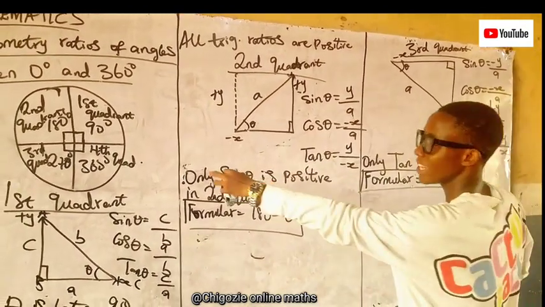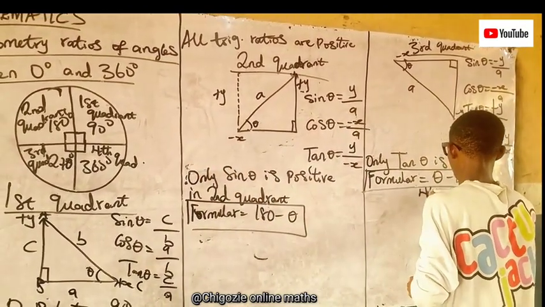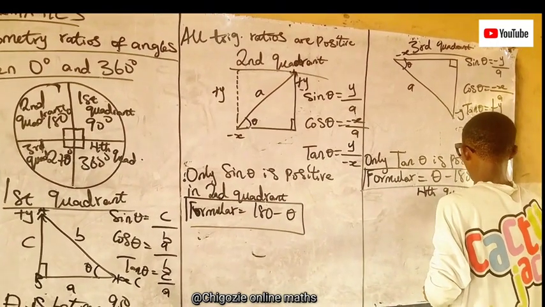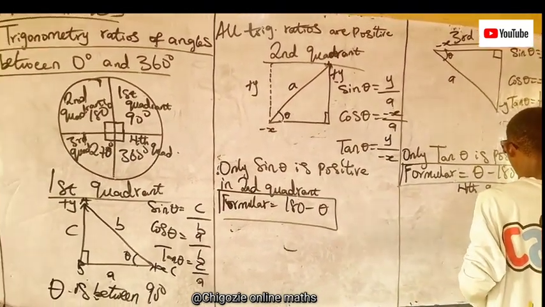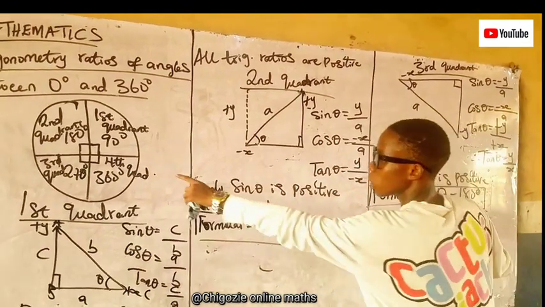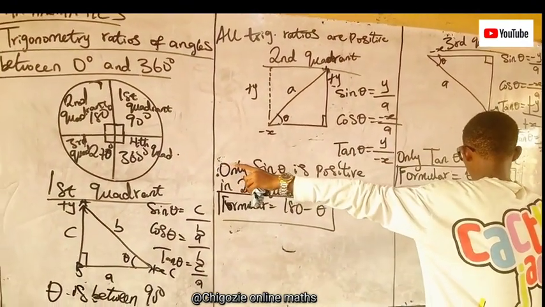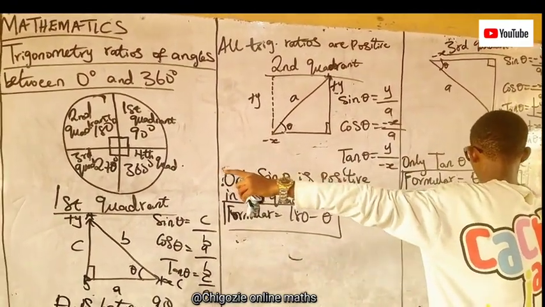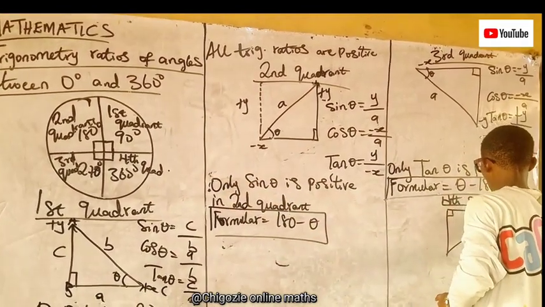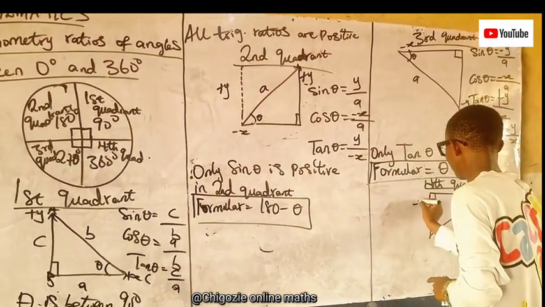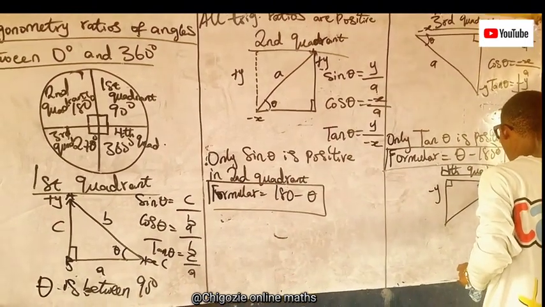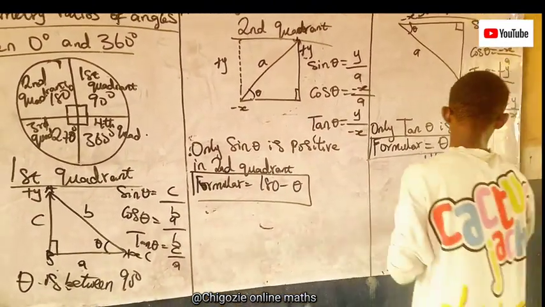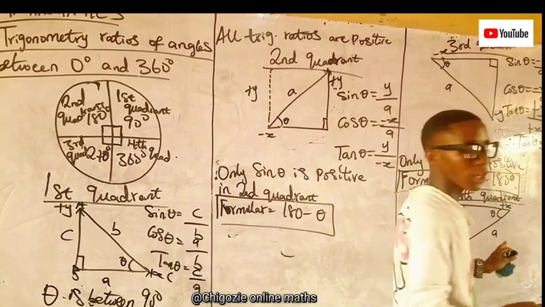Now we enter into the last quadrant, which is the fourth quadrant. The fourth quadrant is like this. Now we have negative y-axis and positive x-axis and a. Now let us solve our trigonometric ratios.